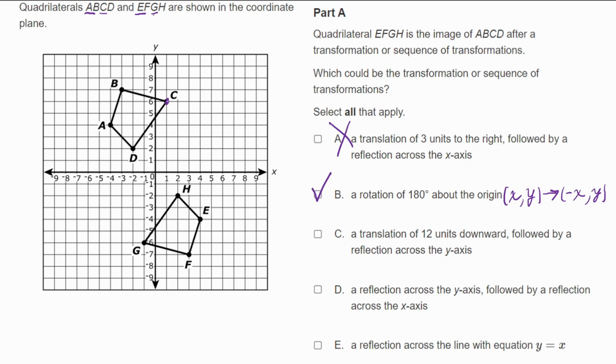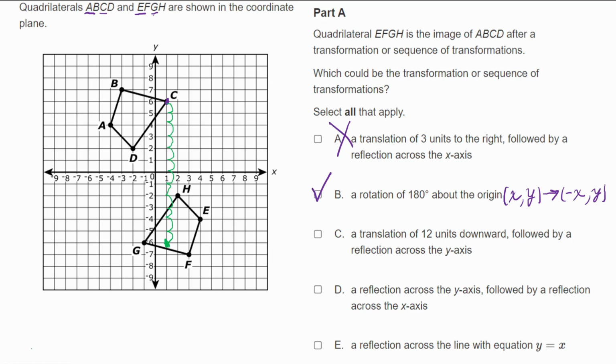So we need to go down 12 units. So notice my little green blurb. We go 1, 2, 3, 4, 5, 6, 7, 8, 9, 10, 11, 12. And this is my floating point because we only did one transformation. And now we need to reflect across our y-axis.